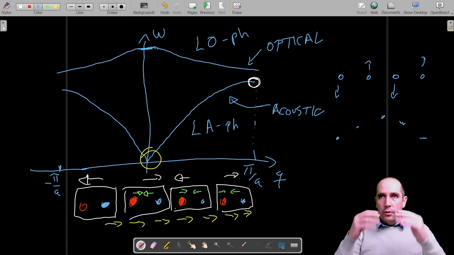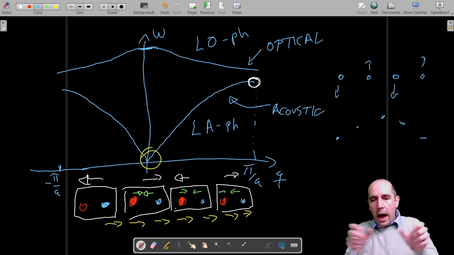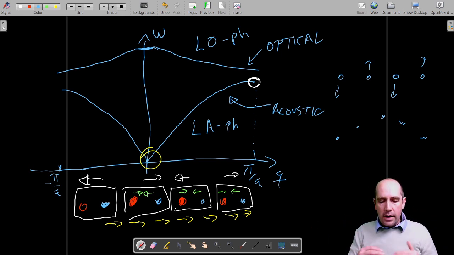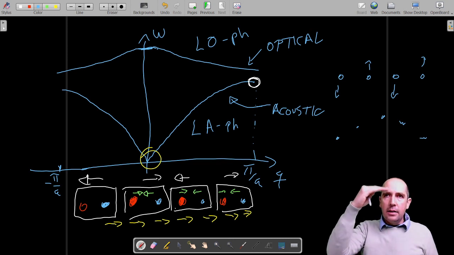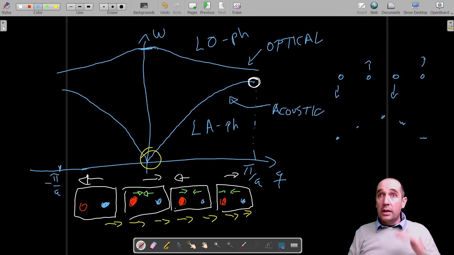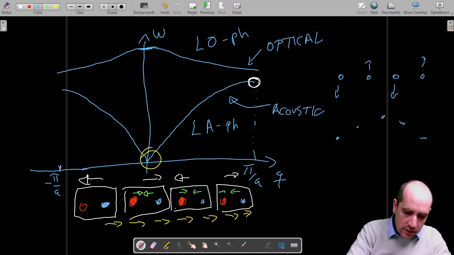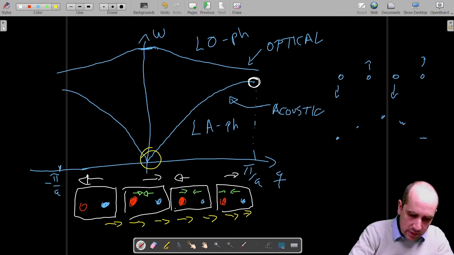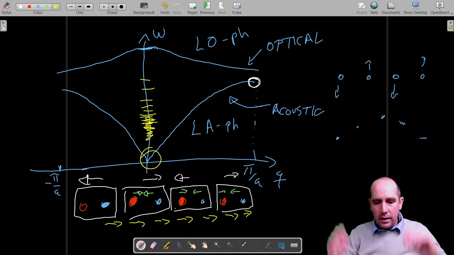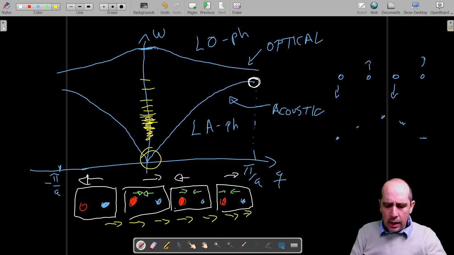The amplitude of the motion, the amount of energy that you can excite, can only be excited in discrete amounts. And so there is a phonon energy which is related to the frequency. For each one of these frequencies, every single frequency is allowed in principle, unless we think of a finite lattice.